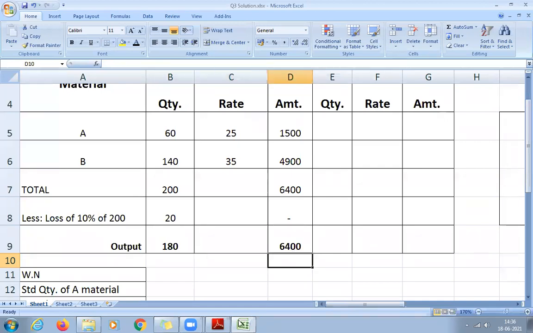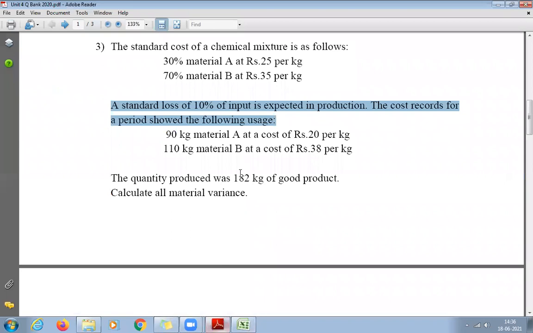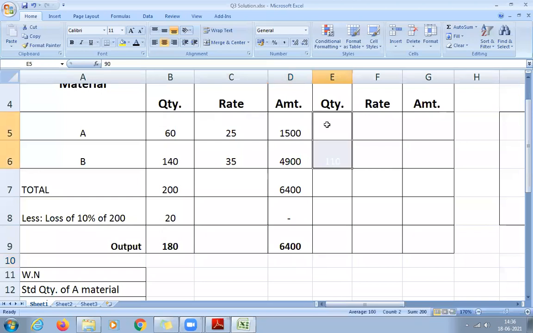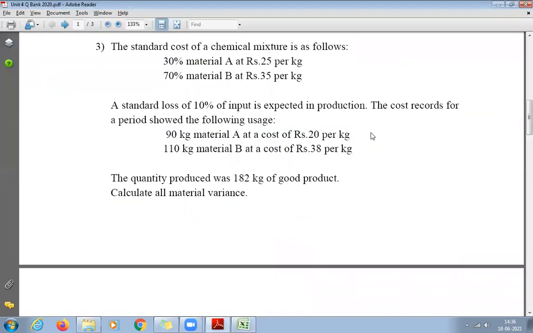Now we have to do for actual. Actual quantity has given how much? 90 and 110 for A and B. Write down 90 and 110. So when I add, how much are we getting? 200. And rate, how much is given? Material A is 20, B is 38.